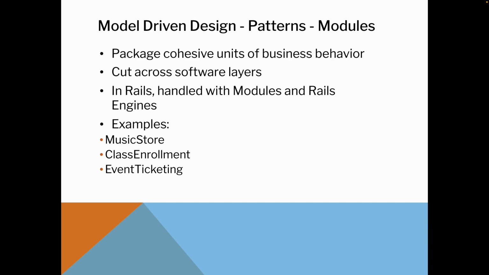Like we have 3 parts in the system, 3 key goals: the music store part, the class enrollment part, and the event ticketing part. So you can have 3 different modules and put in them the different models that are related to them. And sometimes the 3 of them might share some models as well. So there might be models that are shared across them, and models that are within each one of them.